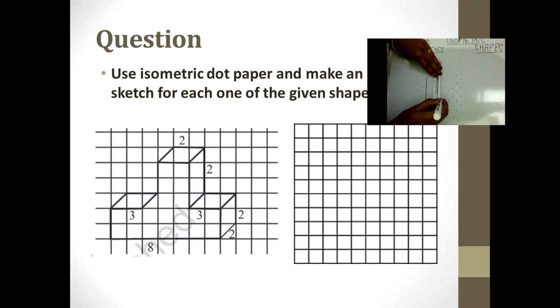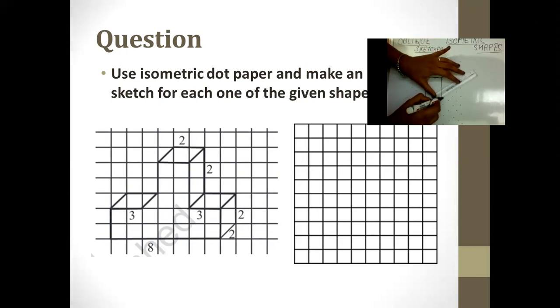Let us make a cuboid this time, because we have already understood the cubes. So these are the dots. We have to match the dots so that we can obtain an accurate picture of solid shapes.